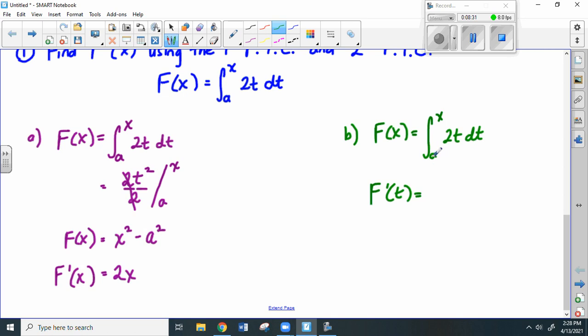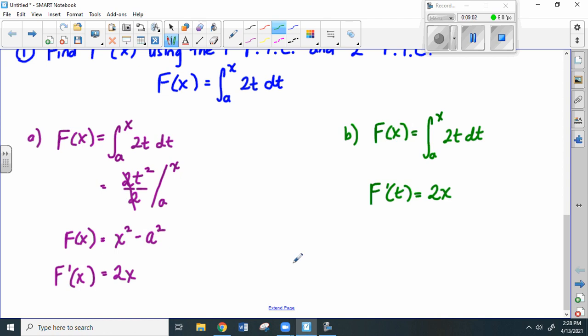As long as the bottom is a constant and the top is just x, the integral disappears and the t changes to an x. Okay, so again, as long as the bottom is a constant and the top bound is just x, the second fundamental theorem says if I take the derivative of the integral from a constant to x of a function with t in it, all I have to do is change t to x and I'm done.